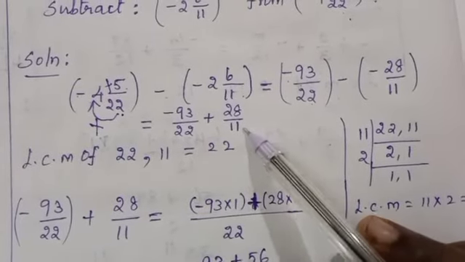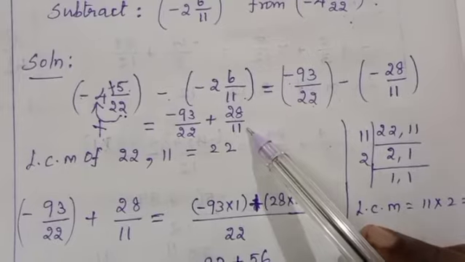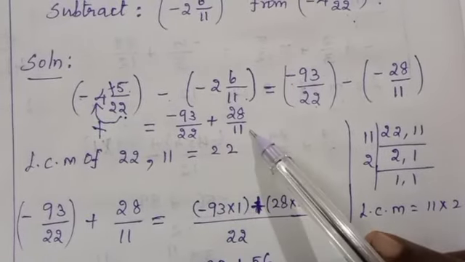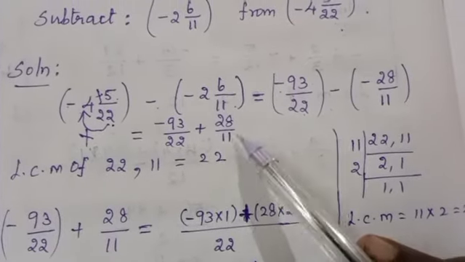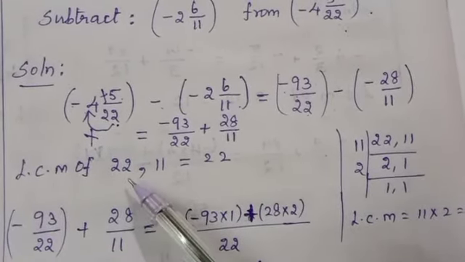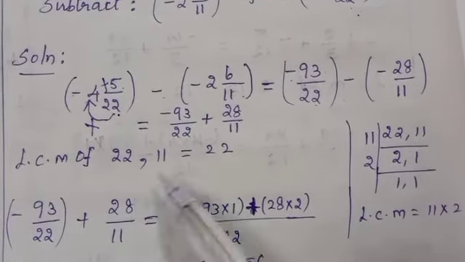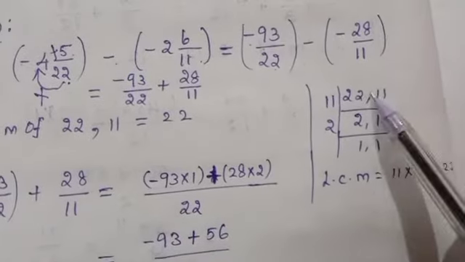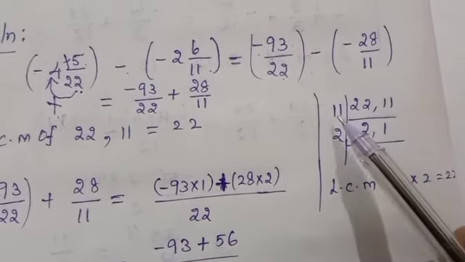Now you have to check whether these two are like fractions or unlike fractions. These two are unlike fractions because they have different denominators. When we have unlike fractions, we have to find the LCM. LCM of 22 and 11: write 22 comma 11 at the side.